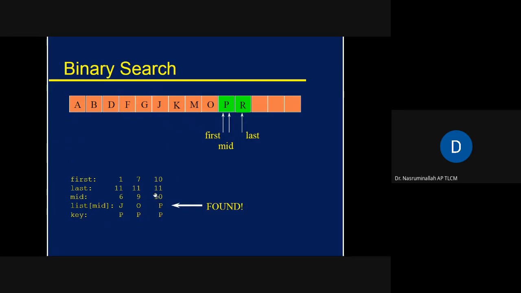So the mid will be pointing to P as well, and the element that we have at the mid is P, and the key is also P. So it means that we have found the key.